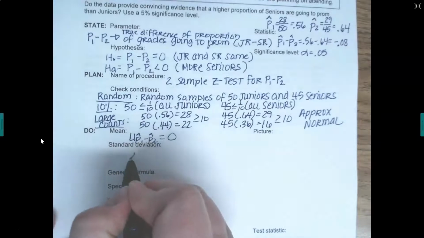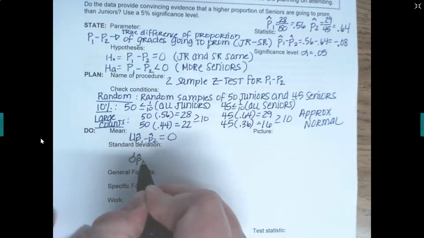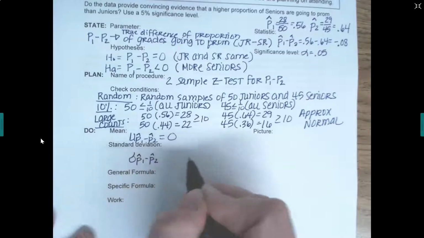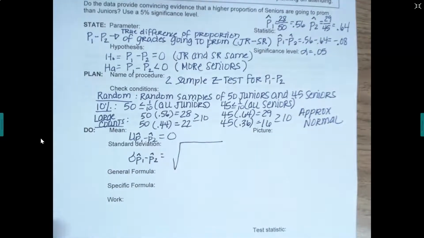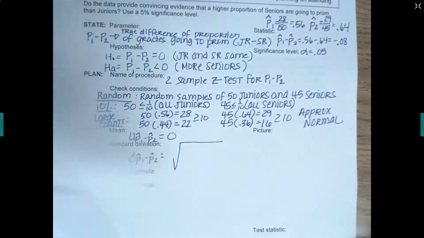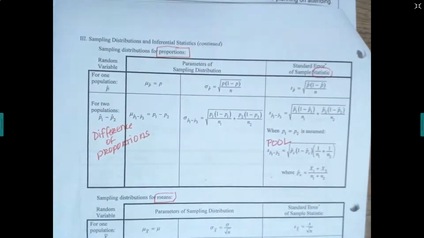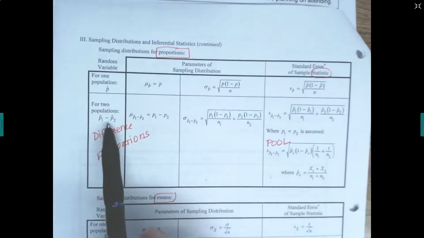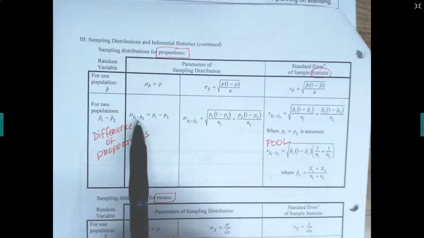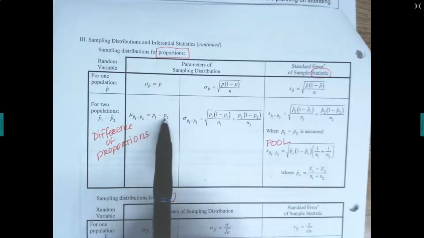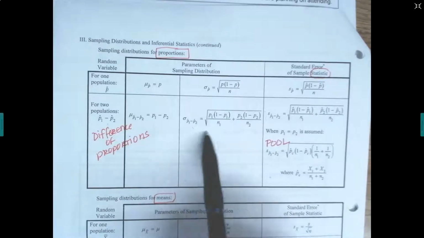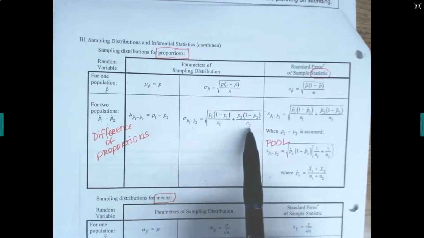To find the standard deviation of our sampling distribution for the difference of these 2 proportions, this is on our formula sheet. If we look at the back of that first page of the formula sheet, you look under proportions because we're doing proportions, and we're talking about the difference of the proportions. There the mean of the sampling distribution is the same as the parameter, which is what our null is. Then here is our standard deviation formula that we had been using previously.